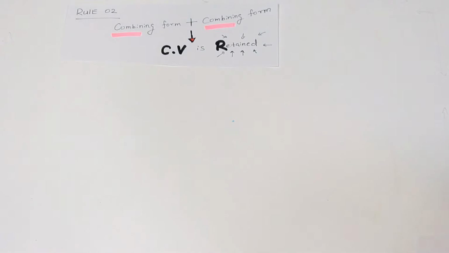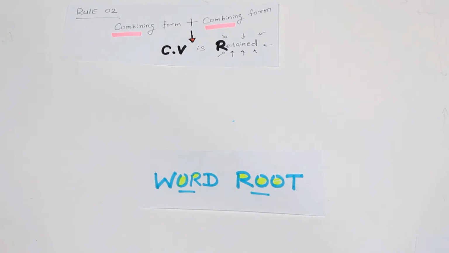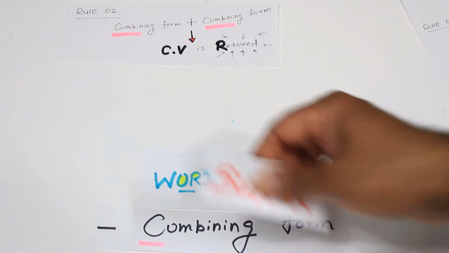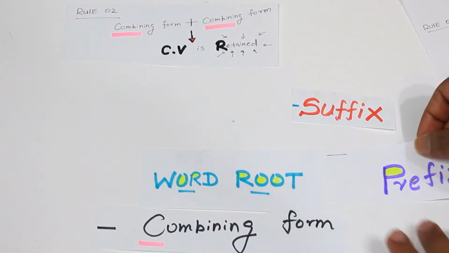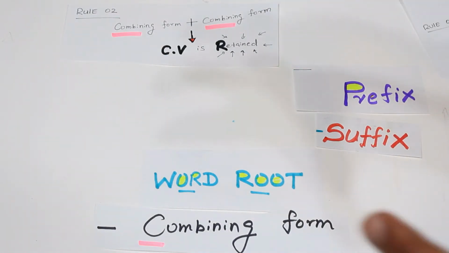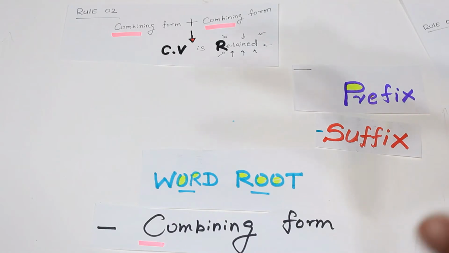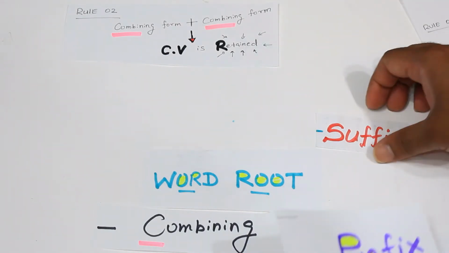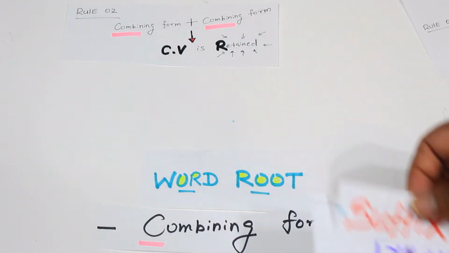As I said before, out of those four, word root, combining form, prefix, and suffix, this is all the words we have in medical terminology. Every word is included here, so we can shuffle these things to make a medical term.